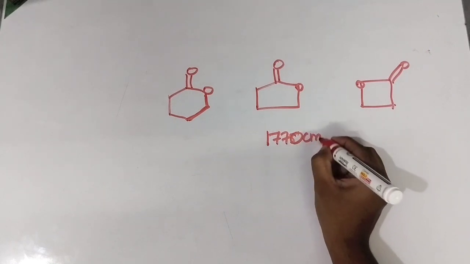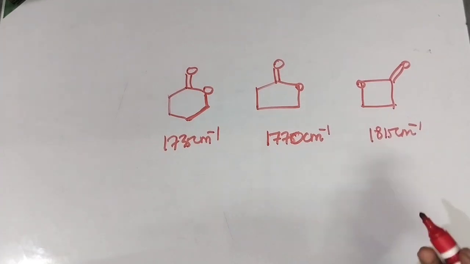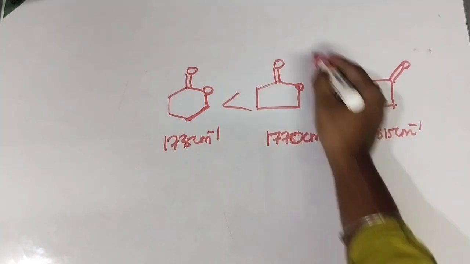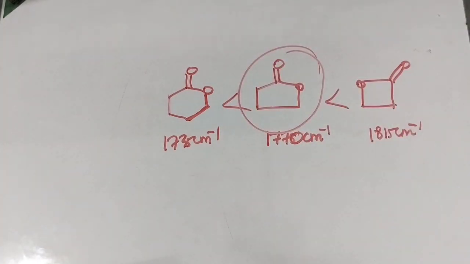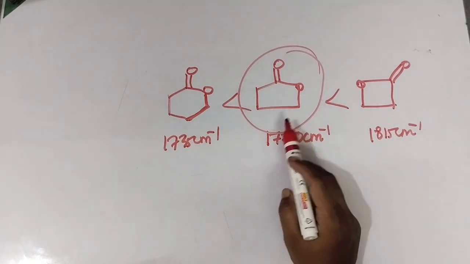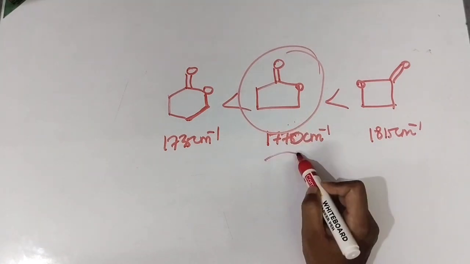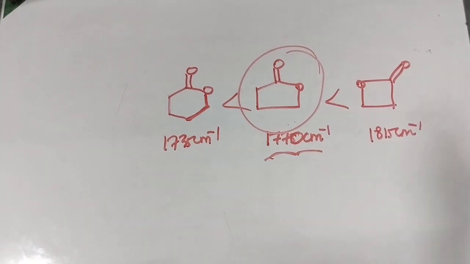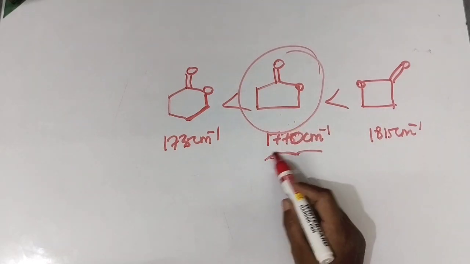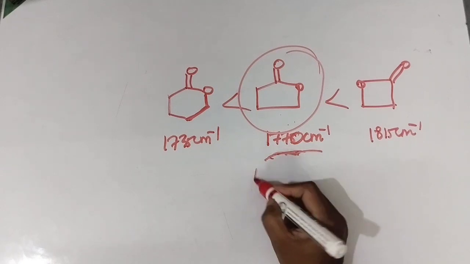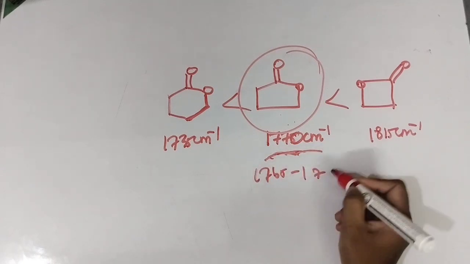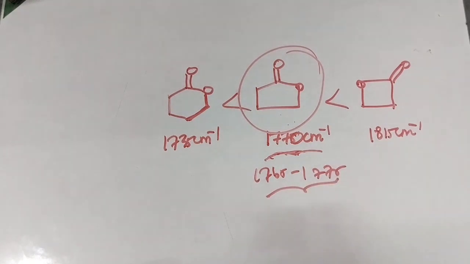This question has been asked frequently in CSIR NET and GATE. I don't know why they love this compound a lot, but a lot of questions have been asked from this. A 5-membered ester has a value of 1770. Keep this in your mind. It is very easy, and while solving the problems it will be really helpful for you, because a 5-membered ester will have a 1770 value. It ranges from 1765 to 1775. So many questions have been asked in CSIR NET and GATE, right?